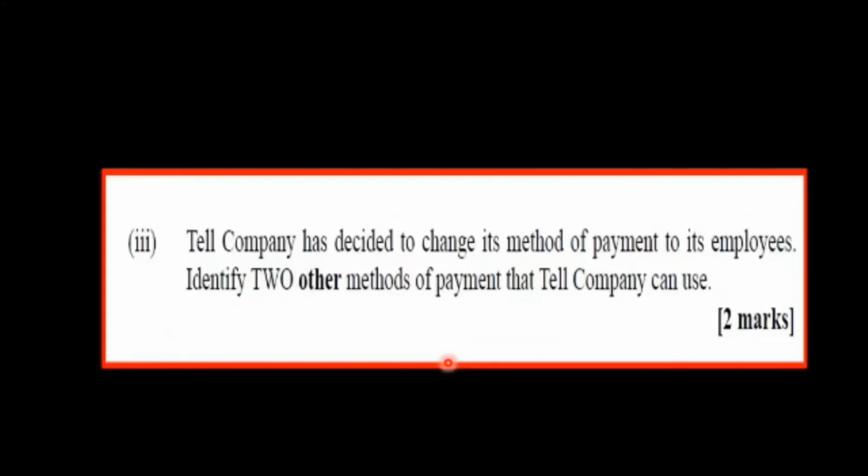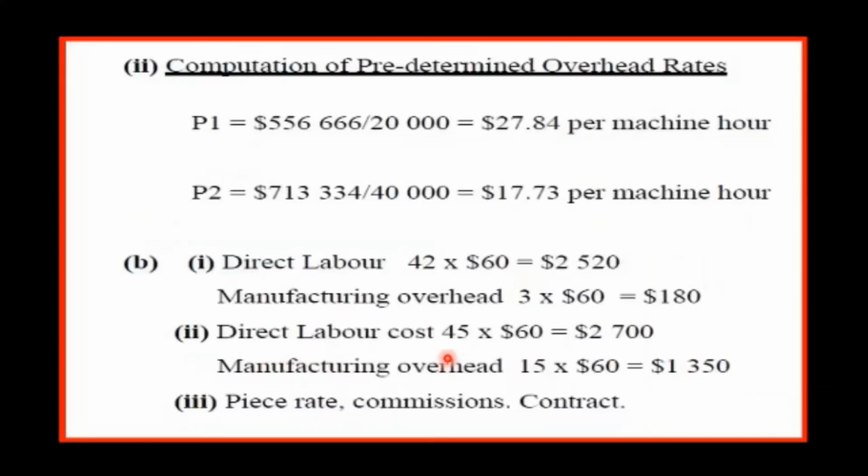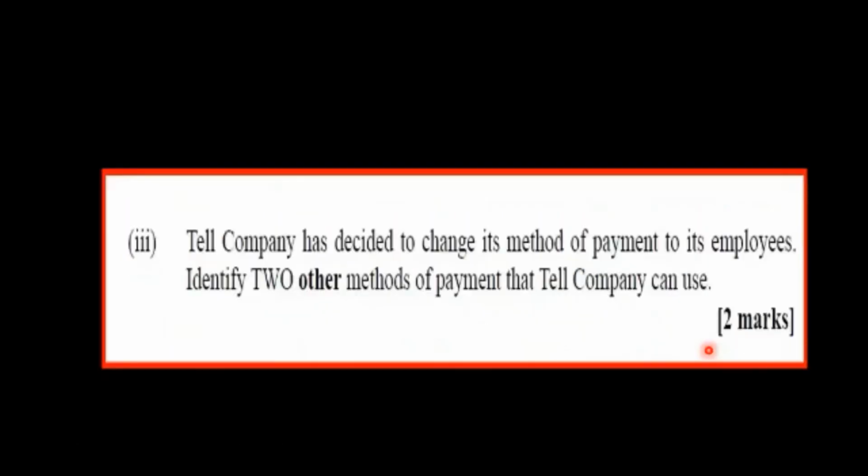In this case, the client didn't ask and didn't say anything about it. So the direct labor cost would be 45 by 60, 2,700, and manufacturing overhead would be 15 by 60 equals 13,050. All right, that's another part to the question.